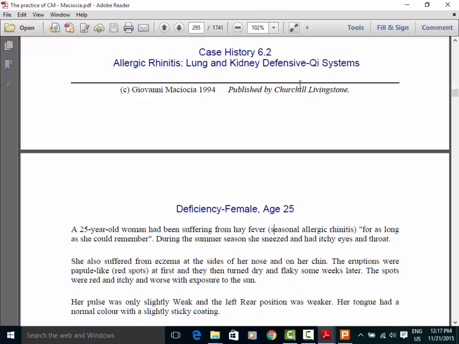Yeah. It's a good differentiating key point here. Come on. So what do you got? What's deficient? Kidney, for sure. Okay, kidney is deficient, so we have a kidney deficiency. What is the kidney deficient in? Ideally, you would like to say, is it Qi deficient, Yin deficient, Yang deficient?